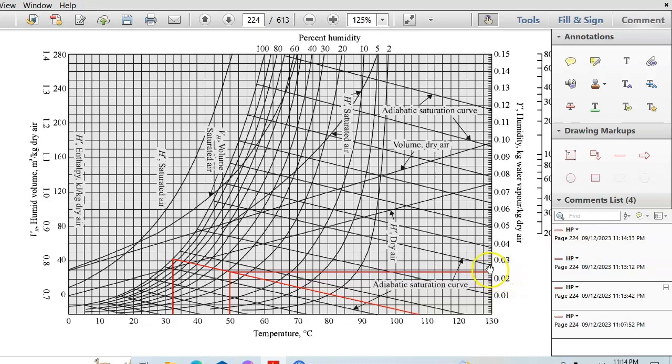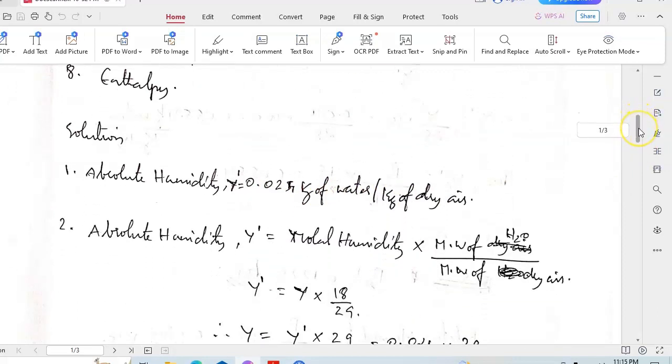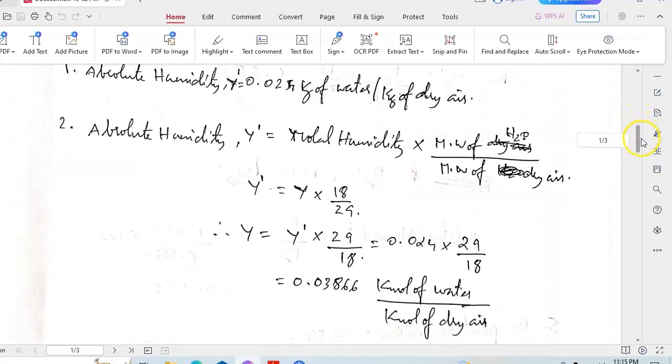This is the 0.025 curve, from 0.0 to 0.03 in 10 divisions, so this is 0.025. The first answer of our question is absolute humidity Y dash equal to 0.025 kilogram of water per kilogram of dry air.